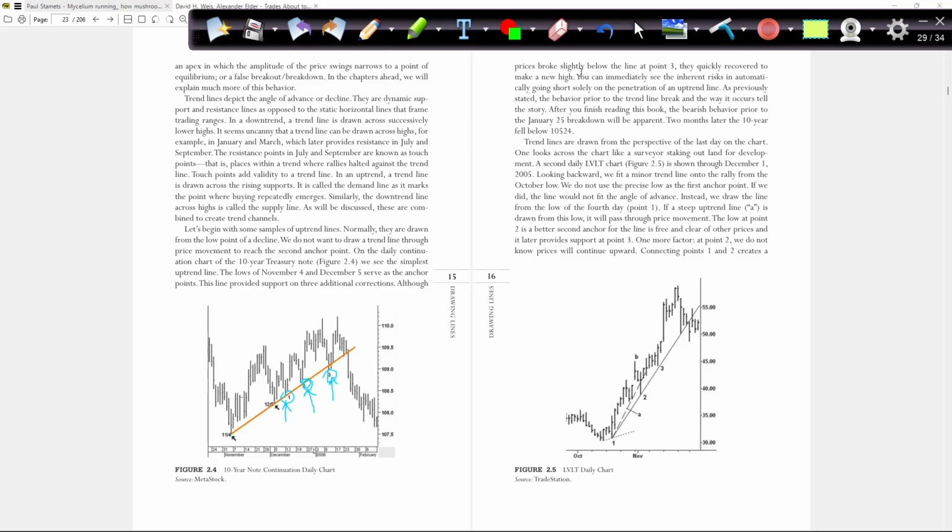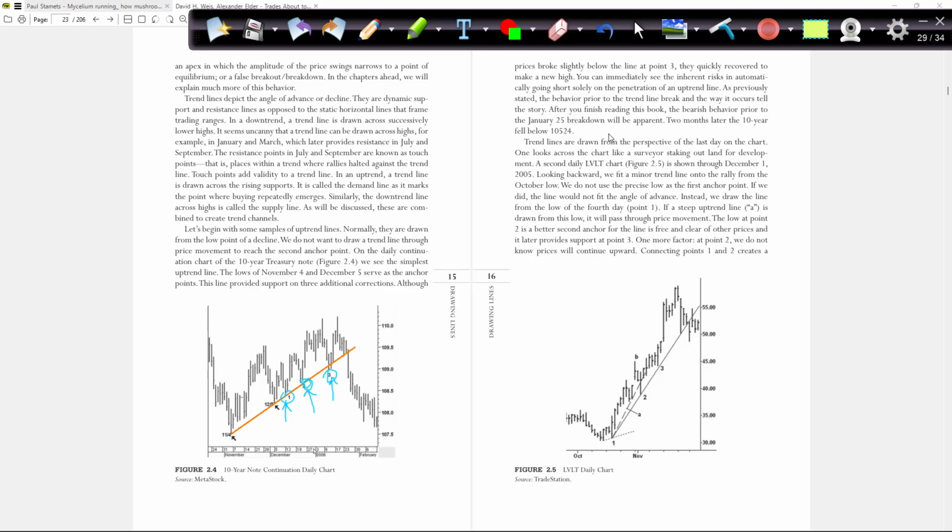Although price broke slightly below the line at point 3, it quickly recovered to make a new high. You can immediately see the inherent risks in automatically going short on the penetration of an uptrend line. As previously stated, the behavior prior to the trend line break and the way it occurs tell the story. After you finish reading this book, the bearish behavior prior to the January 25th breakdown will be apparent.